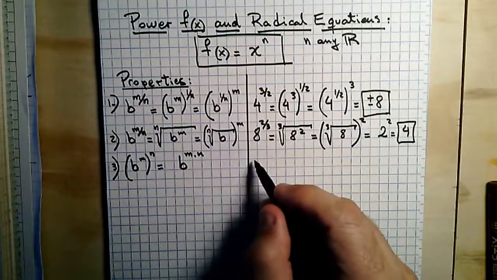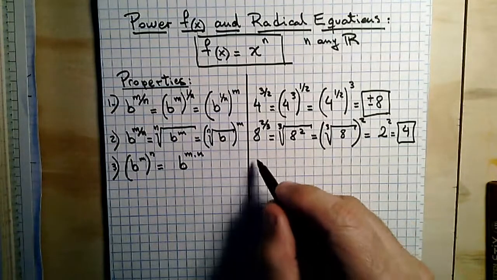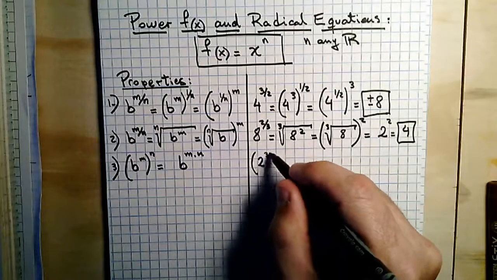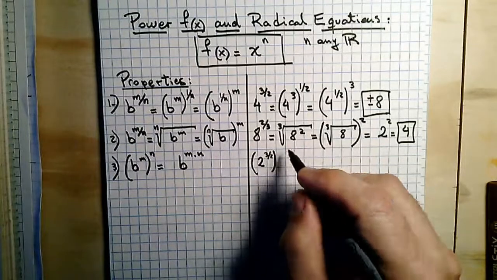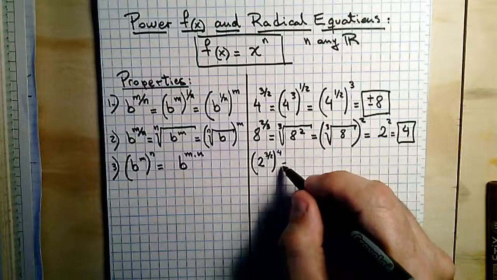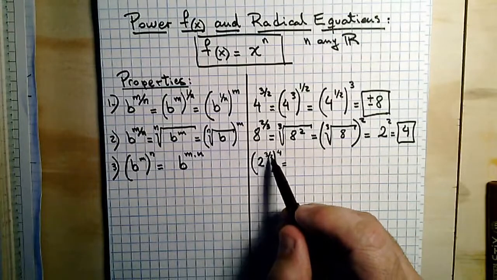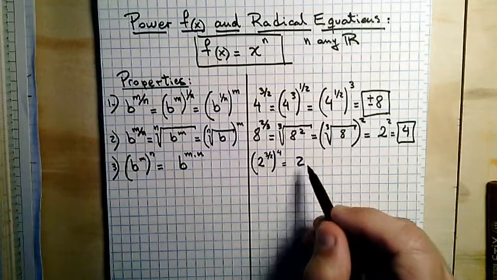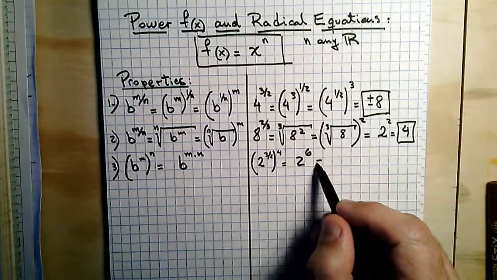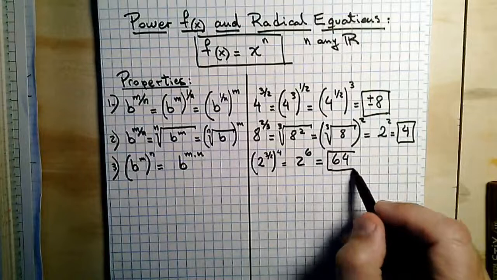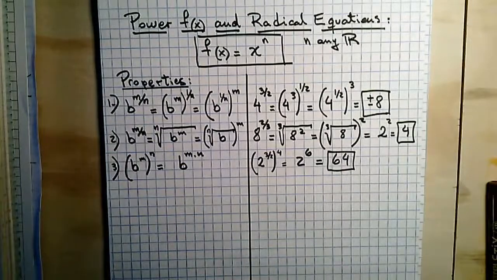Okay, so if I do this one with numbers, now I have 2 to the power of 3 halves, and this one is 4. So I'm multiplying 4 times 3 is 12. 12 divided by 2 is 6. So the final is going to be 2 to the 6, which is 64. And this is the result.